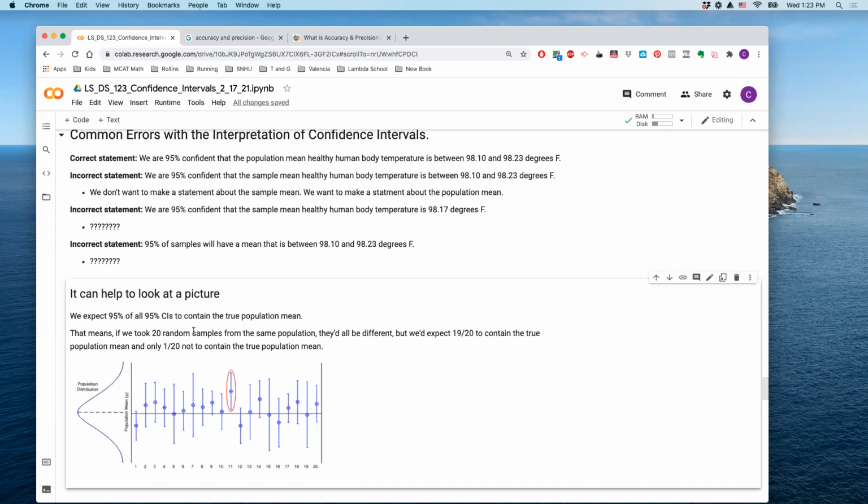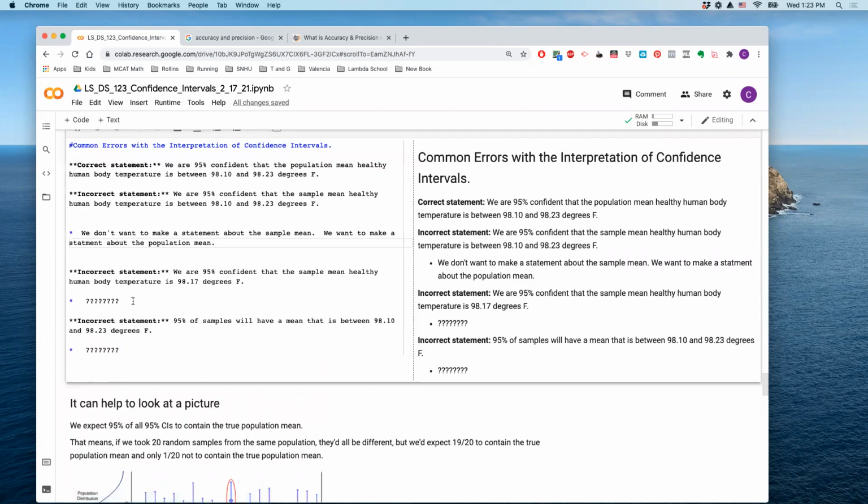Okay, so here's our second incorrect statement. We're 95% confident that the sample mean healthy human body temperature is 98.17 degrees. So what are we not doing correctly there? Yes, exactly.